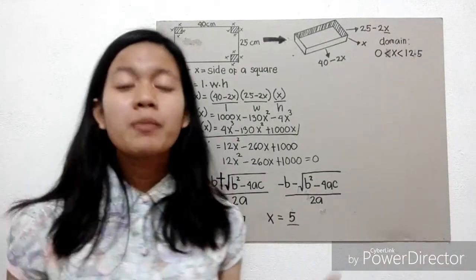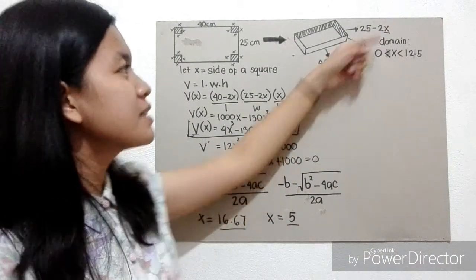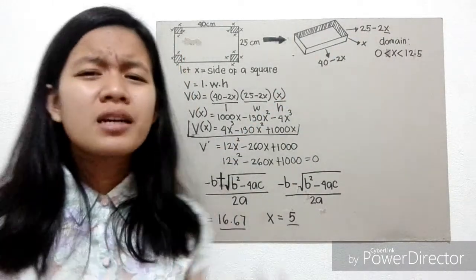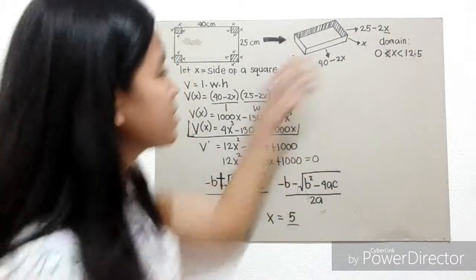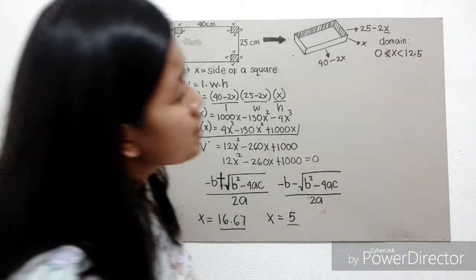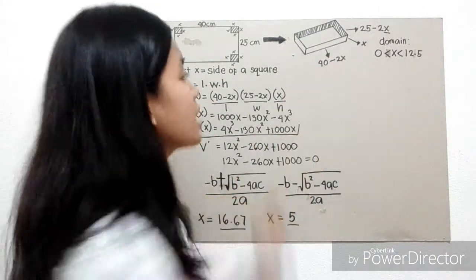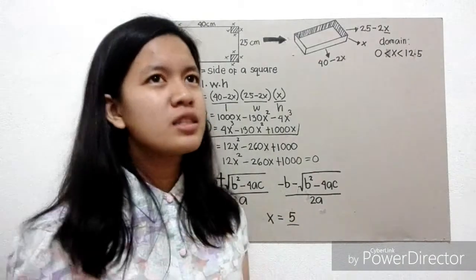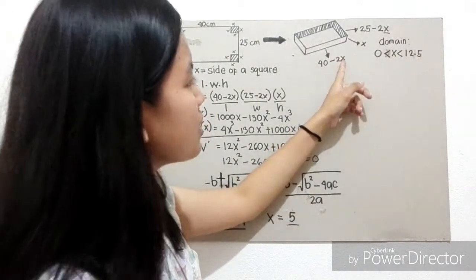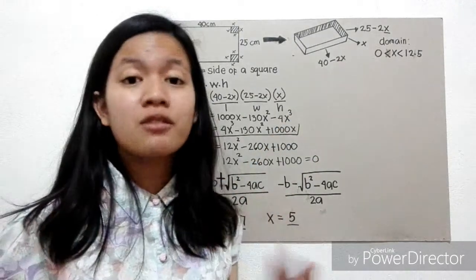Now I'm going to explain why I did not use 40 minus 2x but instead 25 minus 2x. If we base it on 40 minus 2x, we can have a domain of x greater than 0 but lesser than 20, so x can range from 1 to 19. If we have 19 here, 40 minus 38, you'll still have an answer of 2.